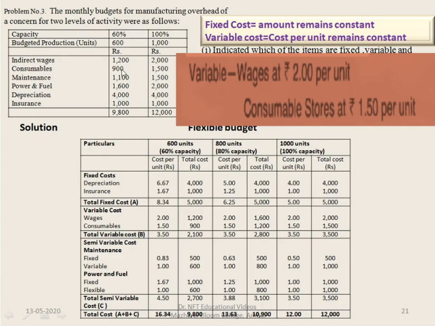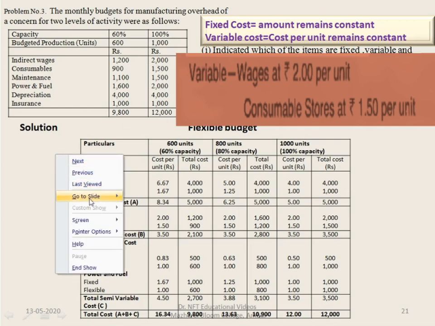So indirect wages and consumables. In case of indirect wages, you can see that 1200 is the total cost for 600 units. So per unit cost is 1200 divided by 600, which is 2 rupees.